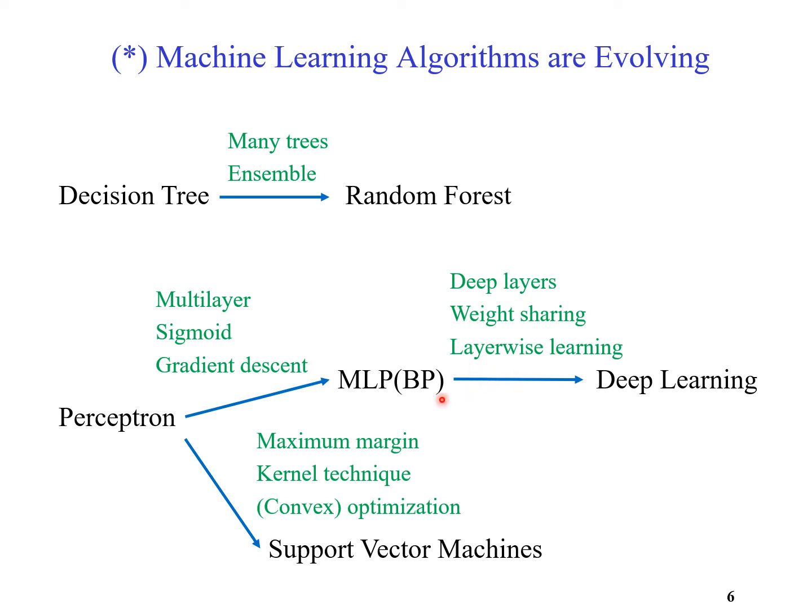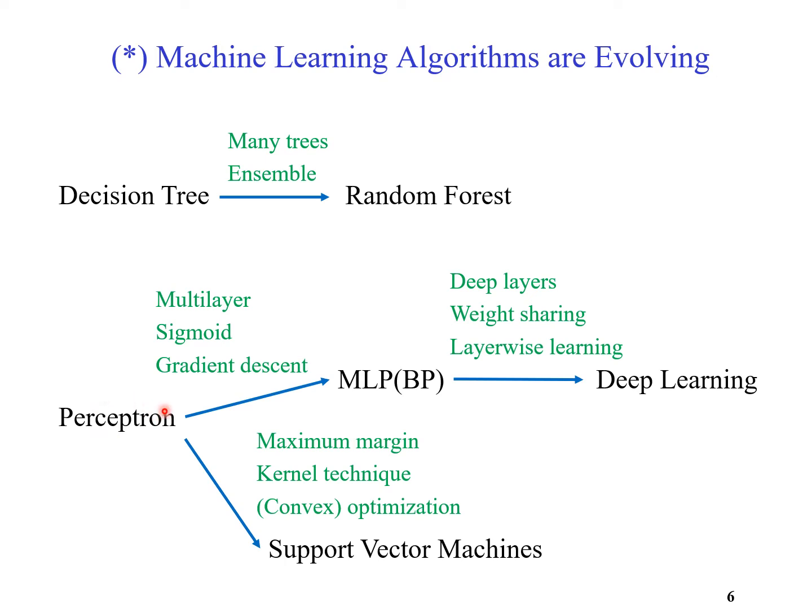From the neural net, we use deep layers, meaning we add many hidden layers, and we use weight sharing, layer-wise learning and some others. By using this, the neural net has evolved into deep learning.